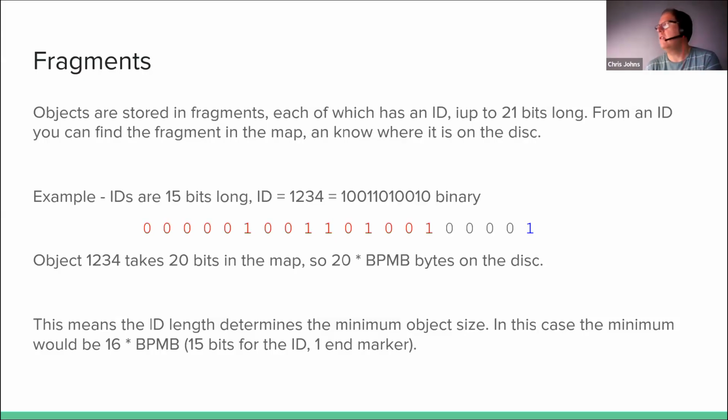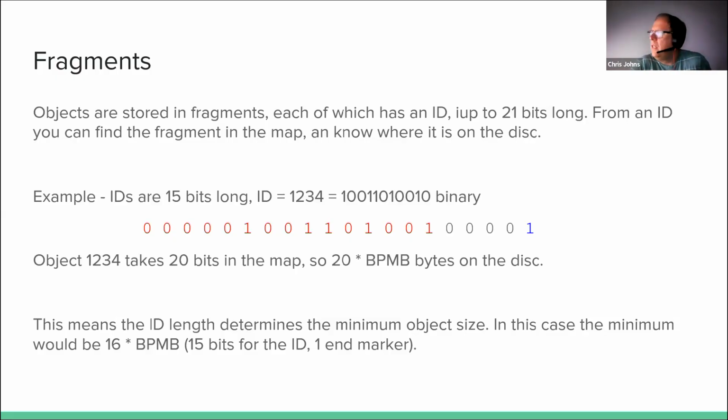They are there to say this object is taking this much space, and there's always a 1 at the end to say that's the end of this object. So this object 1234 is going to take 20 bits in the map, because it's 15 for the ID, 4 for the zeros, and then the final 1 at the end, so that's 20. On the disk, it's going to take 20 times whatever the LFAU value is.